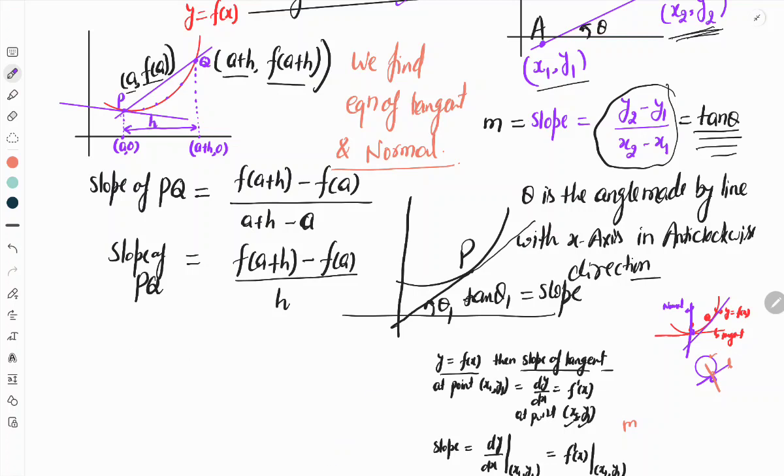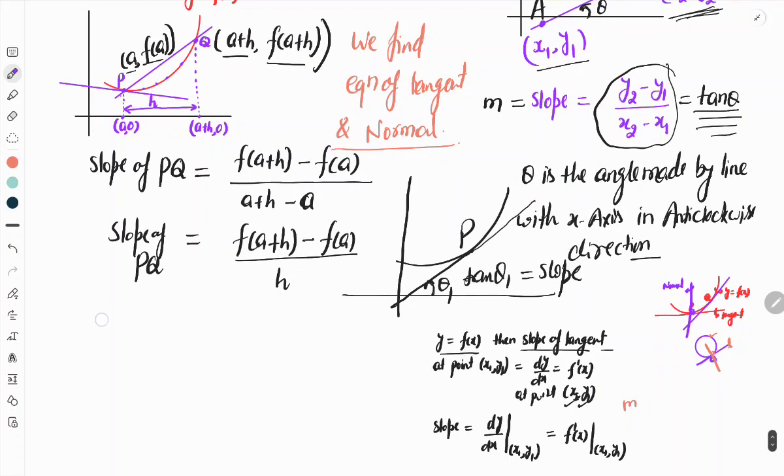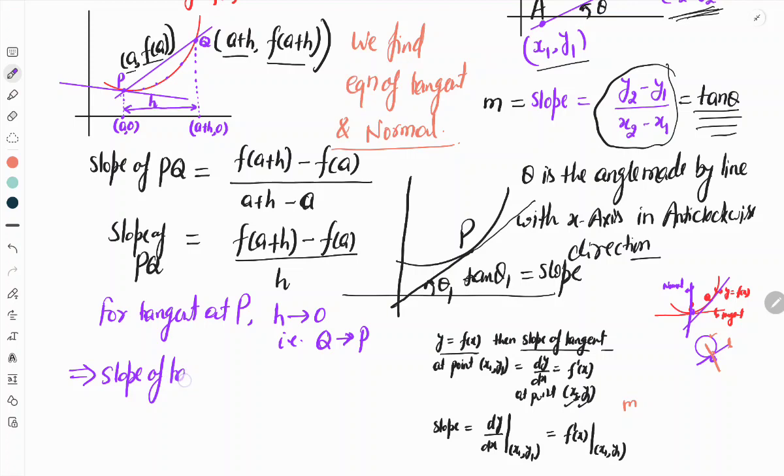So may I say that for the tangent at P, H is tending towards 0, that is, Q is tending towards P, correct? Very close to P, meaning at P. So from here this implies the slope of the tangent at P, any general point (A, f(A)), or you can say (x1, y1), is equal to what?